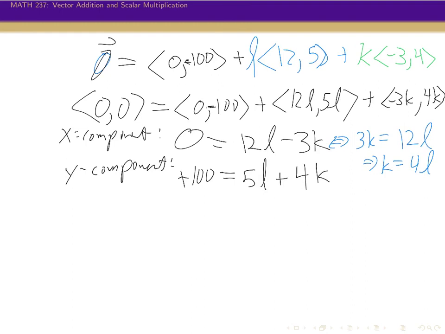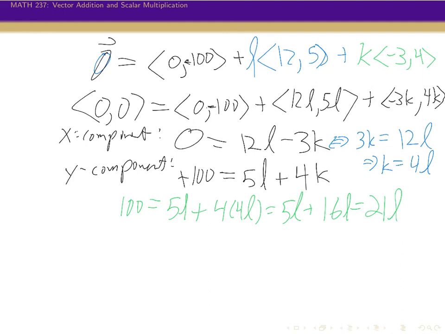So I have 100 is equal to 5L plus 4 times K. I know K is 4L, so I have 5L plus 16L, which in total is 21L. And so L is going to be 100 over 21. K then is 4 times that, so that's going to be 400 over 21.